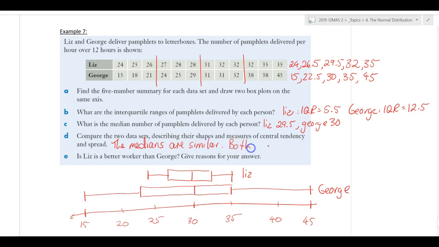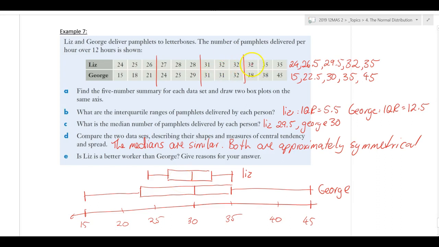Both are approximately symmetrical. Okay, not perfectly, but approximately. And again, I think it's fairer to say that you wouldn't say these are skewed one way or the other. So the shape is symmetrical. The measures of central tendency, well, I would say the medians are similar, and for that matter, the means are likely to be as well.